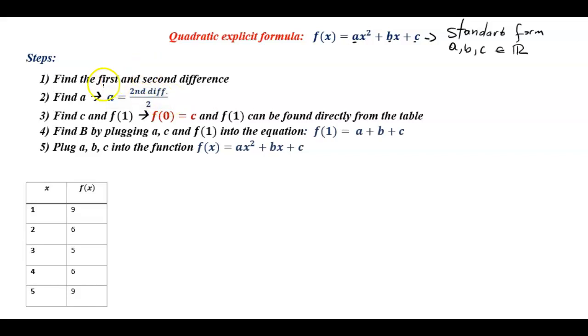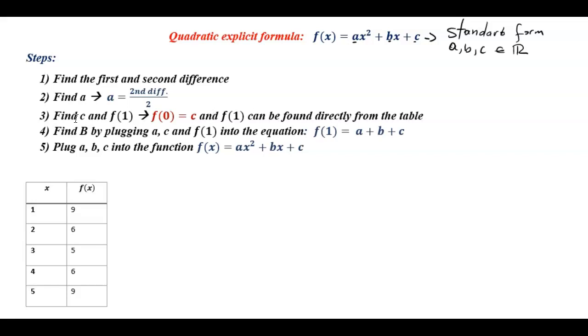The first step says to find the first and second difference. In other words, the first and second difference is what tells us if we have a quadratic function. If you have a common first difference, then you have a linear function.